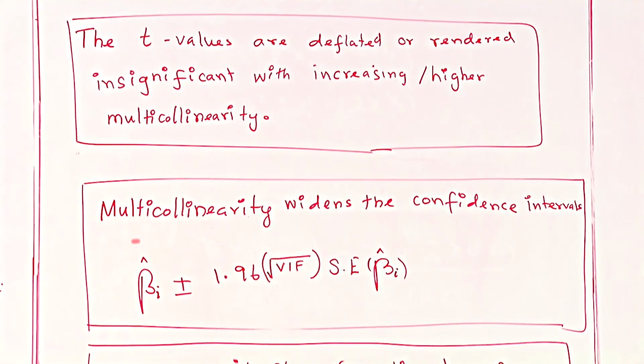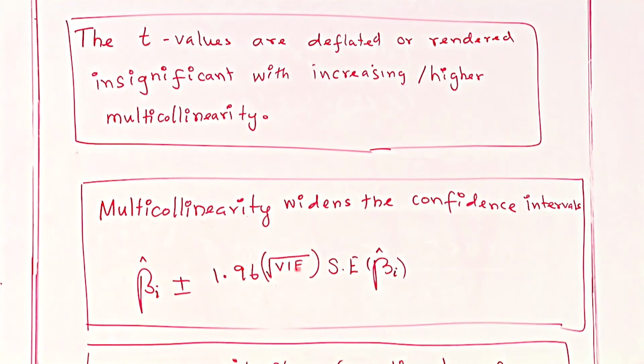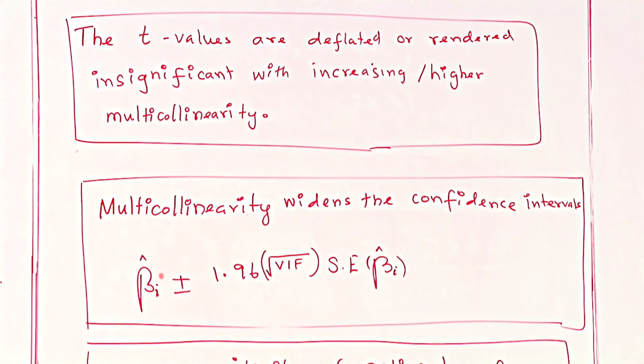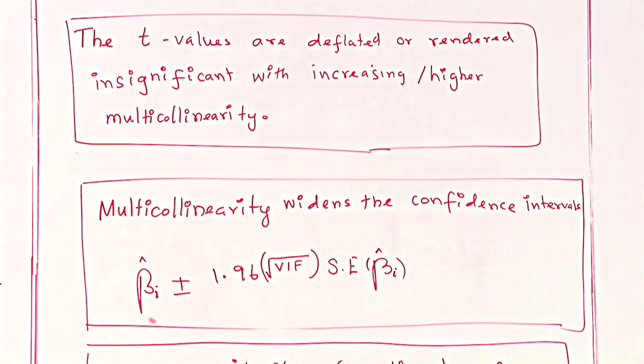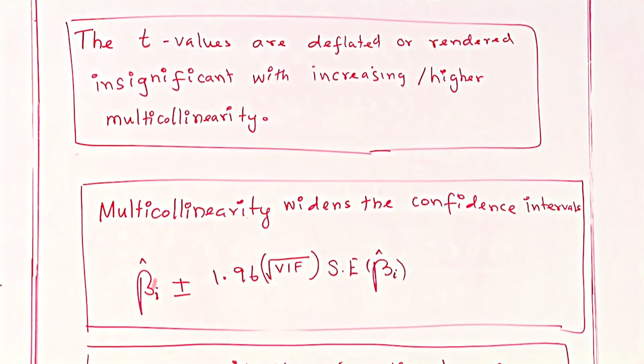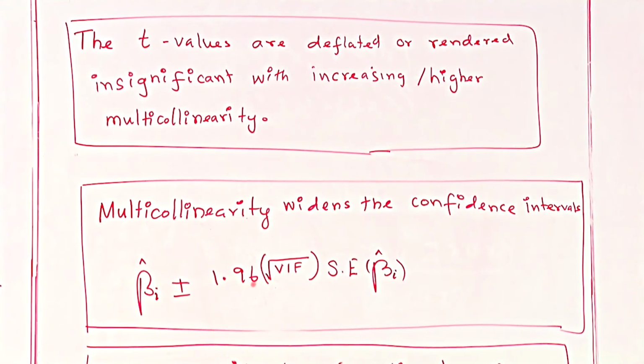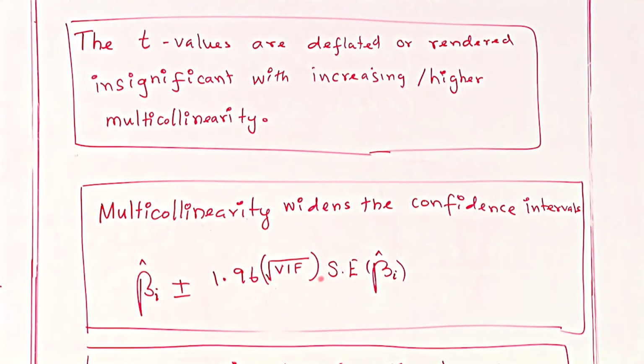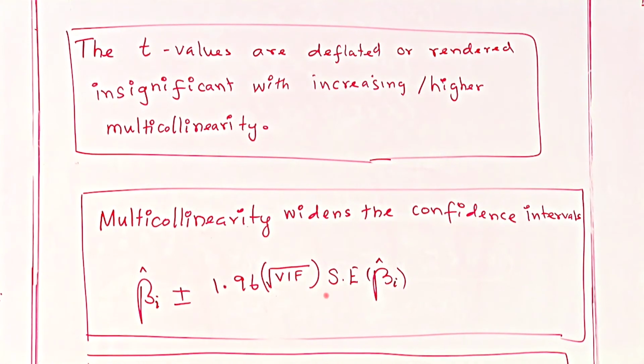Then the next result we can derive from this is that multicollinearity widens the confidence intervals, because the confidence intervals are defined like this: beta i hat plus or minus 1.96 times the square root of VIF i times the standard error of beta hat.